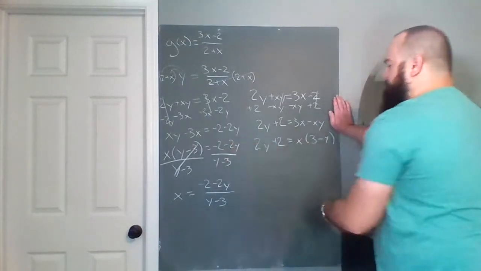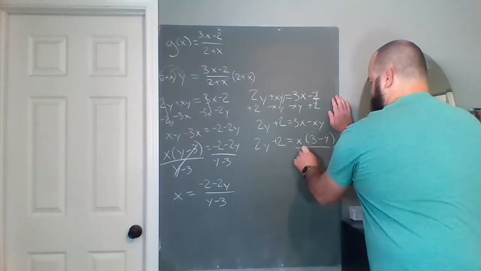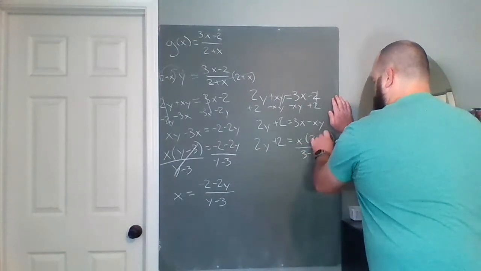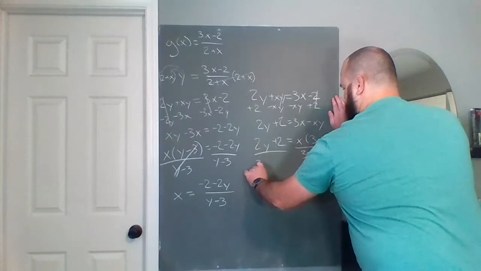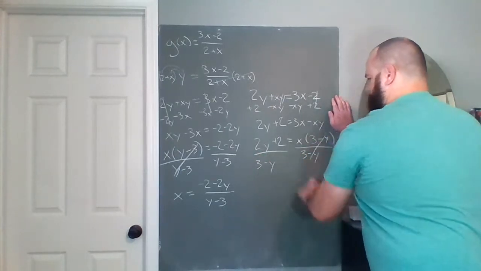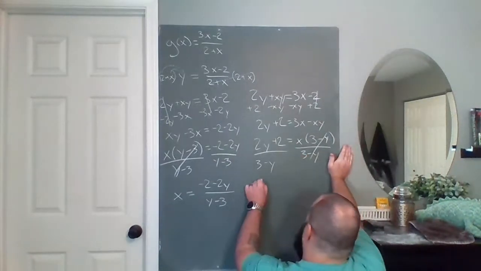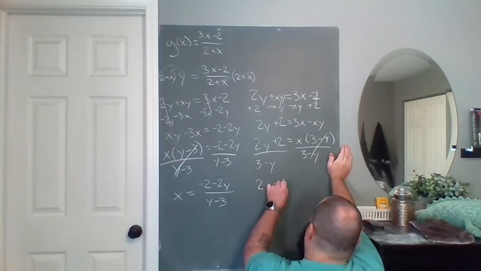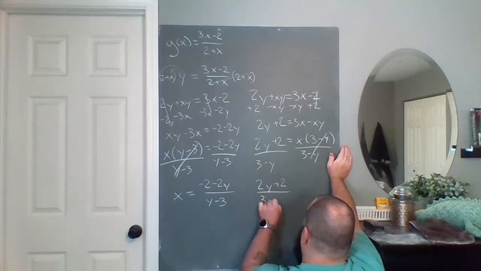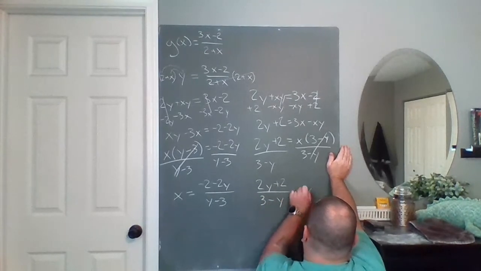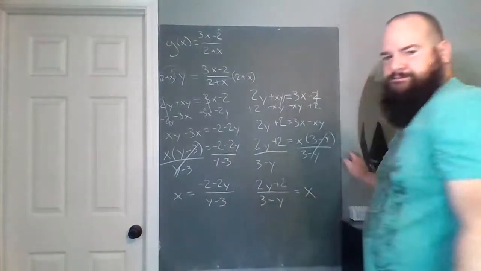Pretty much the same thing we got here. Again, to get x by itself, we just divide by 3 minus y. And we get our final answer, 2y plus 2 over 3 minus y equals x.